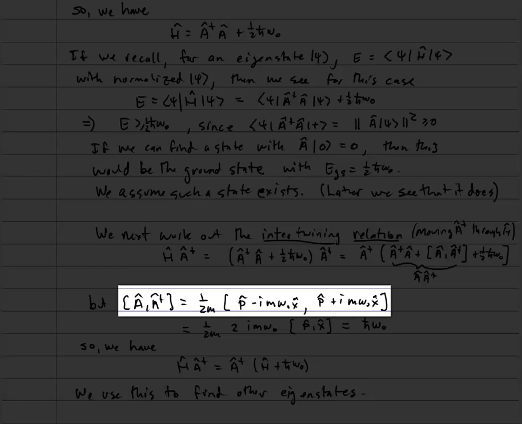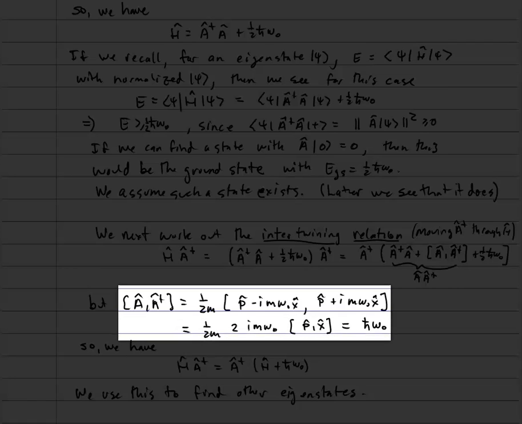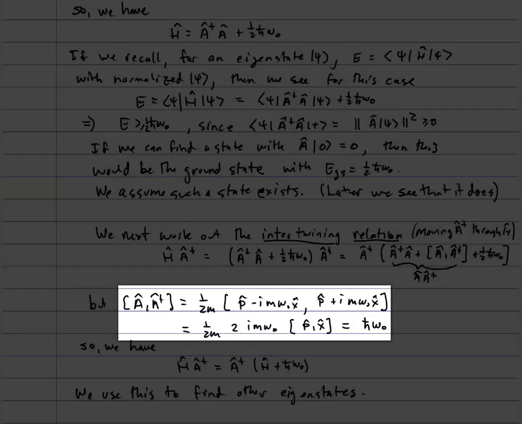You can see that they each come in with opposite signs. So if I interchange the order and write everything as the commutator of p with x, I'm going to get a 1/2m and i m omega 0 and a factor of 2 by adding together those two terms. Now, the commutator of p with x is just minus i h bar. So in the end, when all the dust settles, I'm going to get h bar omega 0 for that commutator.